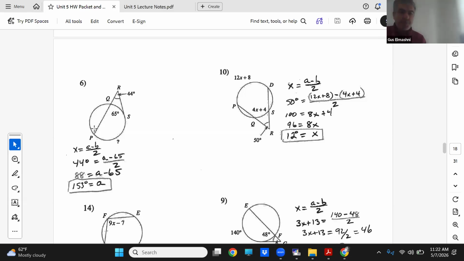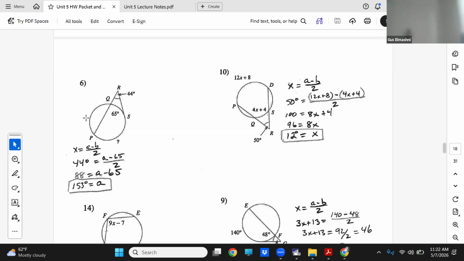Let's look at number 6. So that's 65, right? You want to figure out this arc here? So this arc minus 65, over 2, equals 44. PS is the big arc, QS is the little arc, and you have a tangent and a secant. When this happens, it's kind of like this case, just a little different. These are your two arcs.